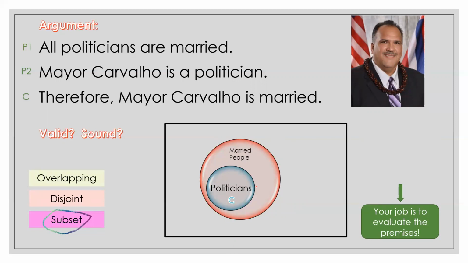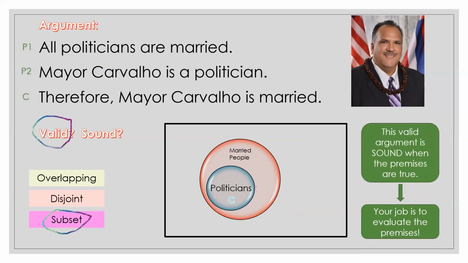No, because he's a politician. Inside blue are politicians, outside are not. Once we determine that he must be inside that blue circle, we can say that anything inside that blue circle is also inside the big red circle. So he is married. Is it valid? Yes, it is.